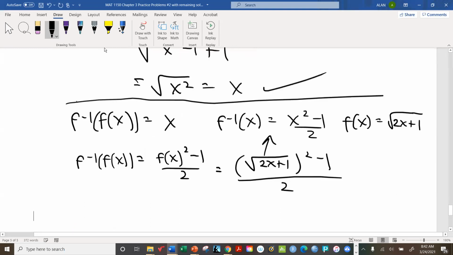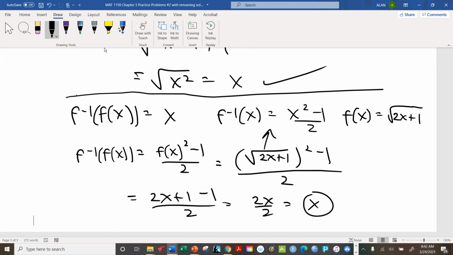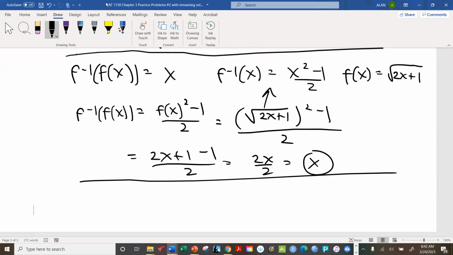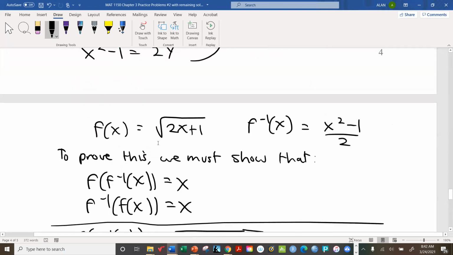And then what does that turn into? Well, clearly that's equal to 2x plus 1 minus 1 over 2, which is 2x over 2, equals x. All right, and so we just proved that this is correct. So this must be the right answer right here.